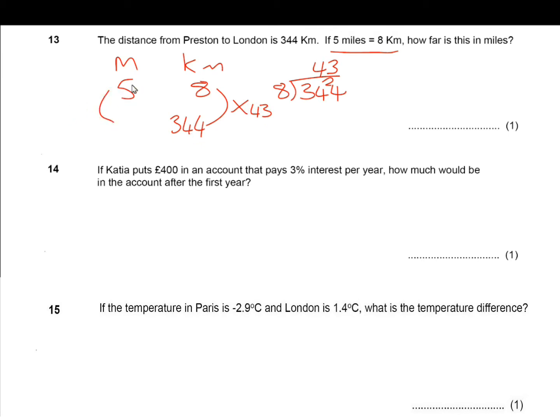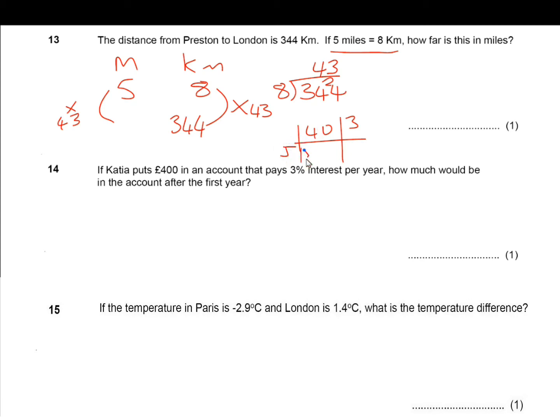What we need to do now is multiply 5 by the same scale, which is 43, to give us our answer. So 5 times 43, if you can't do it in your head, don't take any chances, do 43 times 5.